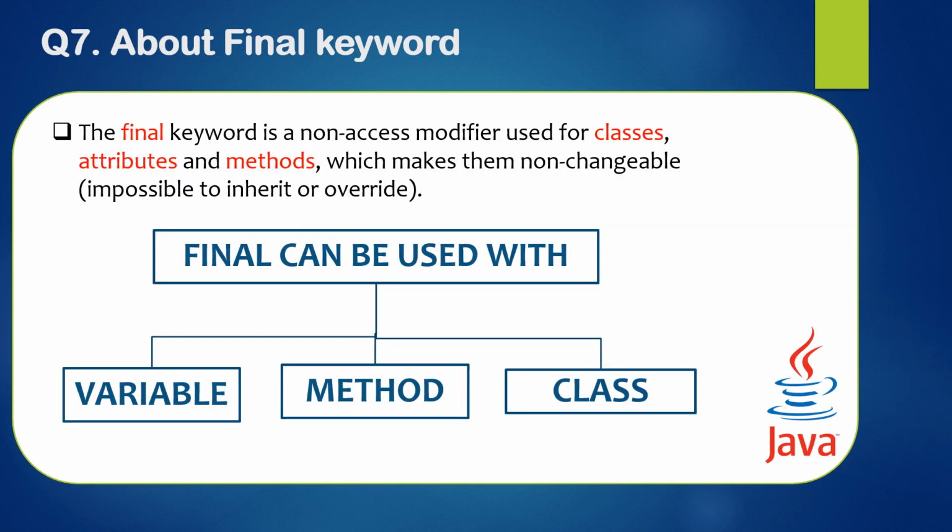The next question asked is about the final keyword. The final keyword in Java is used to impose restrictions in our code. The final keyword can be used with variables, with methods and with classes.